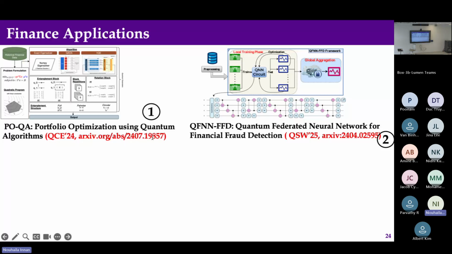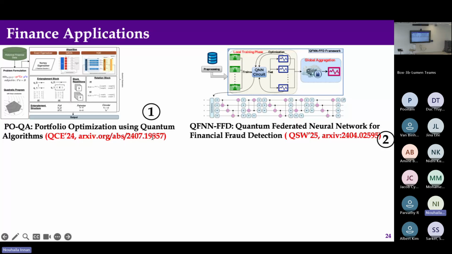It can be a bad thing if your data is available to everyone, or a hacker can attack the model easily and take the data. So sometimes you need to design your algorithm or your model in a way that is private and secure. So this is one way. We use quantum federated learning.